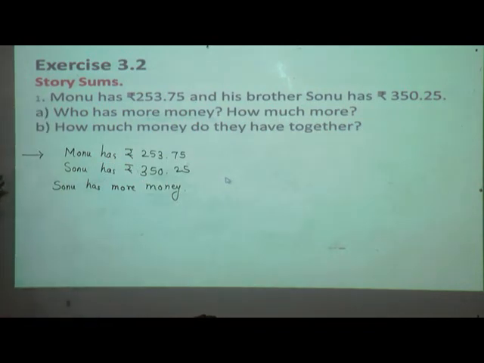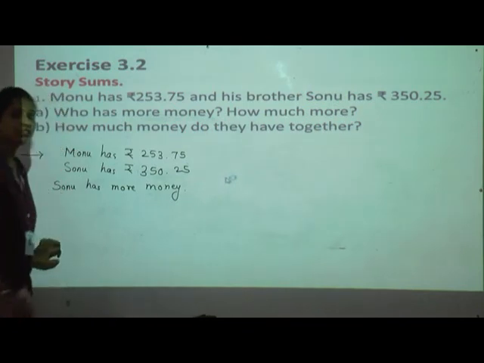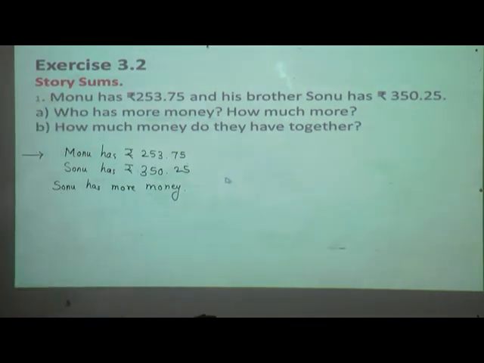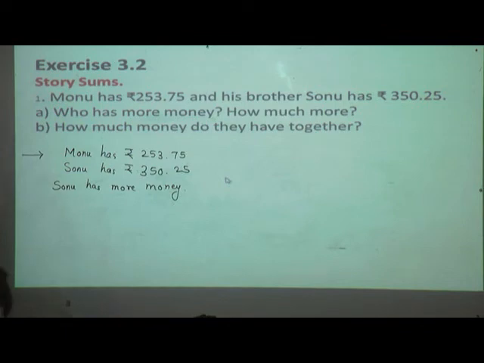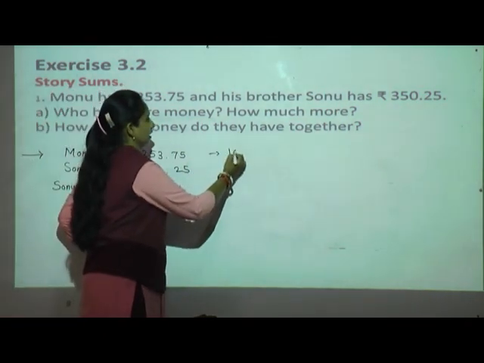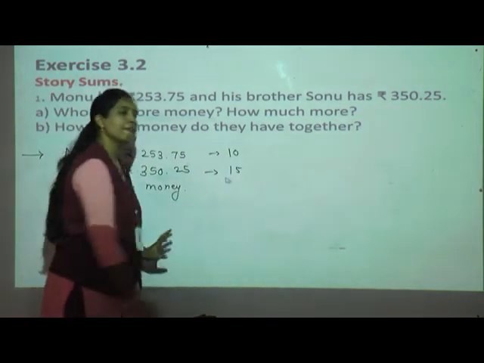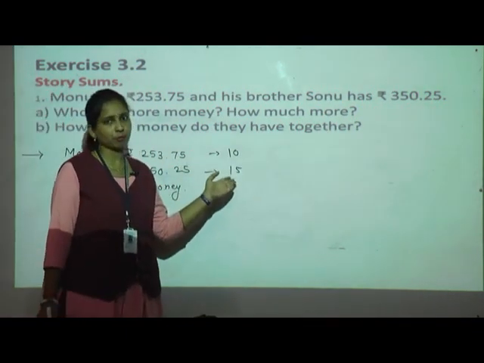Okay. The next question is how much more? So how will you find out? I will give you this example with simple numbers. Suppose Monu has rupees 10 and Sonu has rupees 15. Who is having more? Of course Sonu, 15.